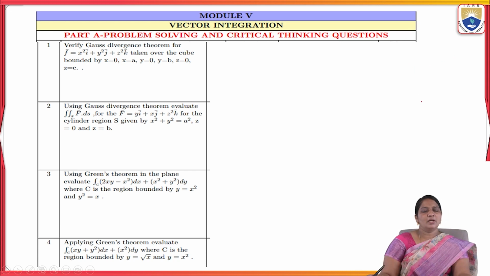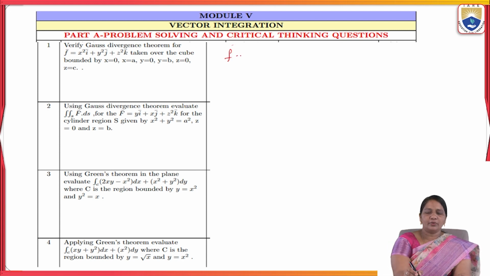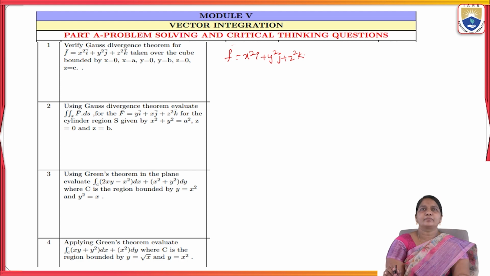See the first question. Verify Gauss divergence theorem for F equal to x square i plus y square j plus z square k taken over the cube. Here they are taking the cube, which we can draw here.